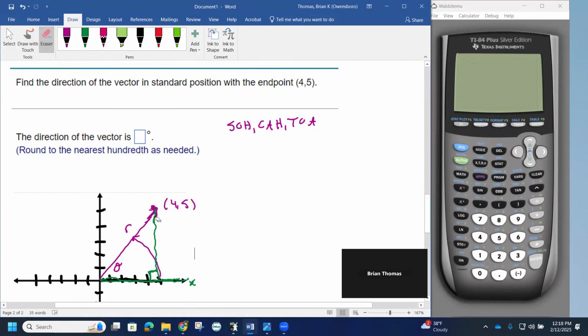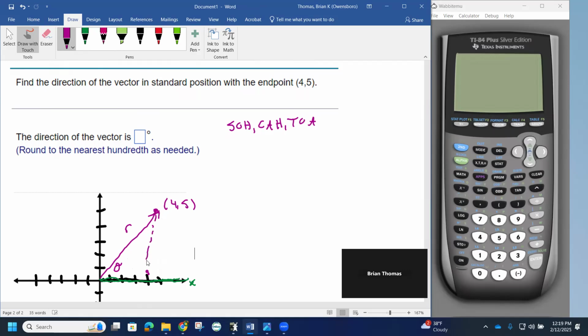I'd go in 5 out there, not 4. So try that again. 4, 1, 2, 3, 4, and then 1, 2, 3, 4, 5. So 4, 5 would actually be here. So if I draw my vector going out to that spot, that'd be more like 4, 5.